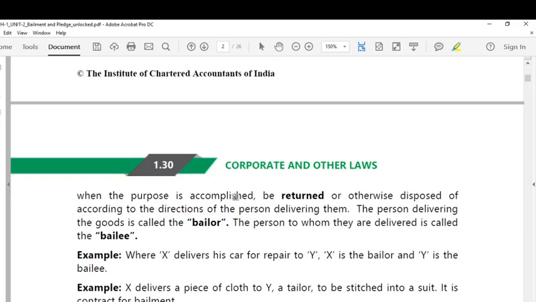The person delivering the goods is called the bailor. The person to whom they are delivered is called the bailee. So there are two parties. One party is called the bailor and the other party is called the bailee.